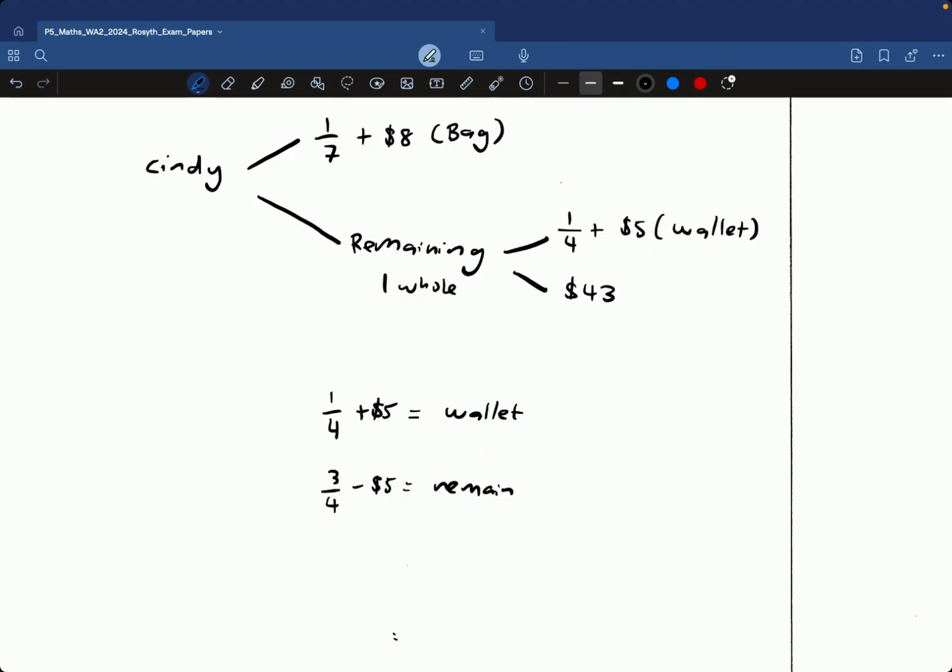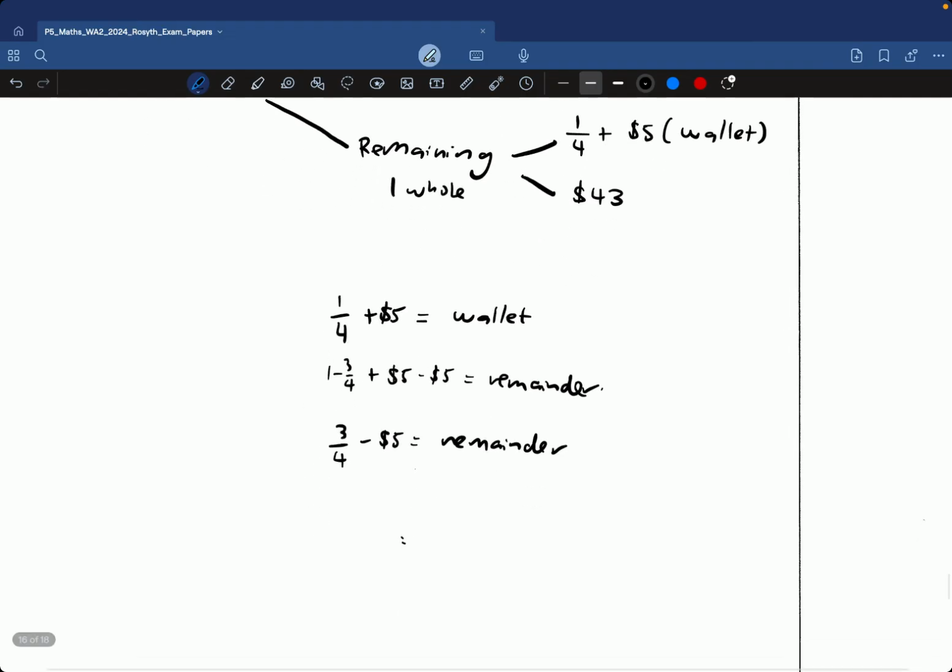So we have 1 minus 1/4, which is 3/4, and then plus $5 minus $5. Any additional amounts we just remove so that we can get the remainder.